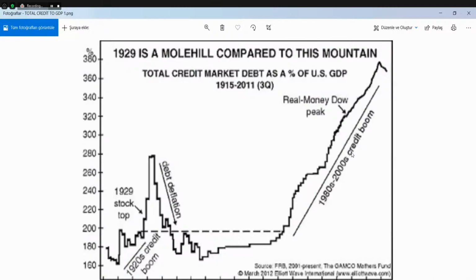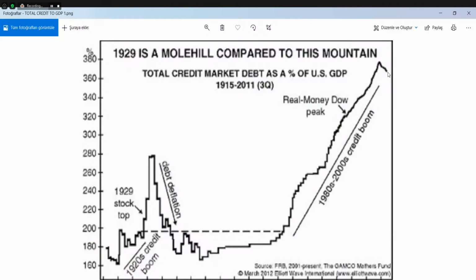When you calculate the nominal gains and real gains, you still have big gains in gold and silver. Okay. Well, I'm talking about your real money Dow peak. What year was that? 2000? I don't know. Well, it's on your chart. You mean here in the graph?